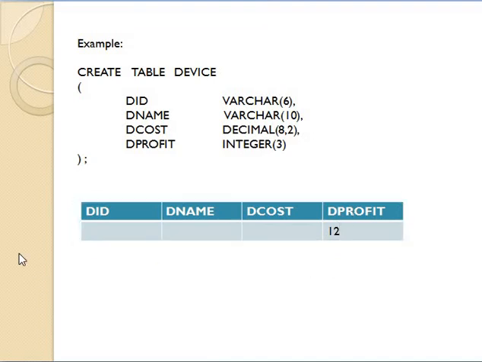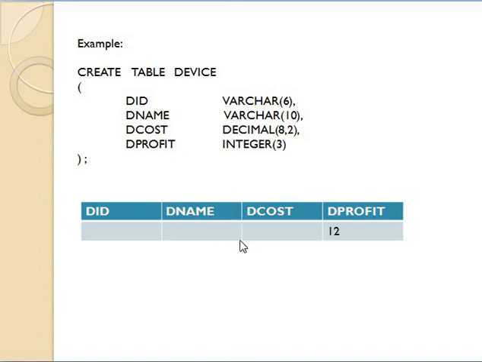So I hope you understood the concept of the size of a data type. You cannot put simply any values into the table. The values that you put for the columns inside a table have to abide by the rules of the size that has been specified for the data types.